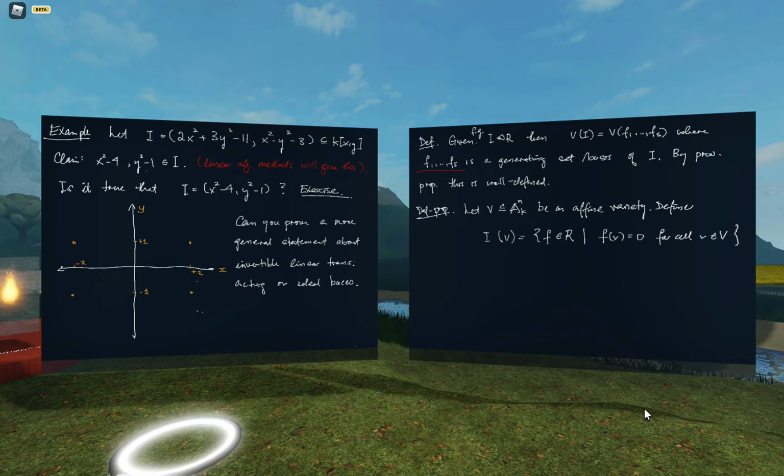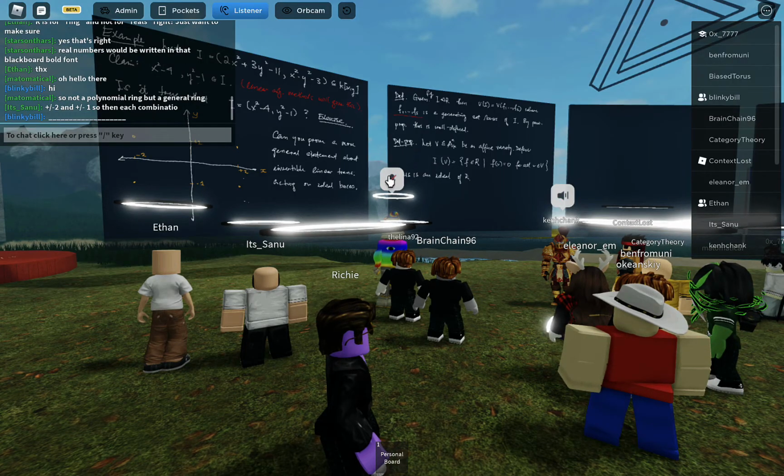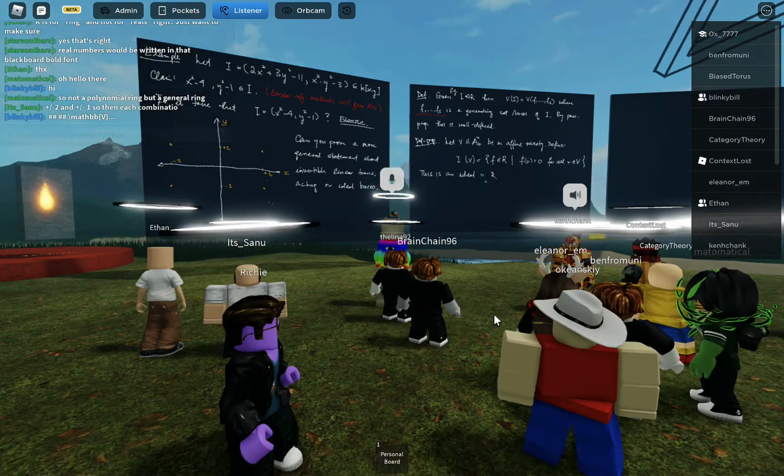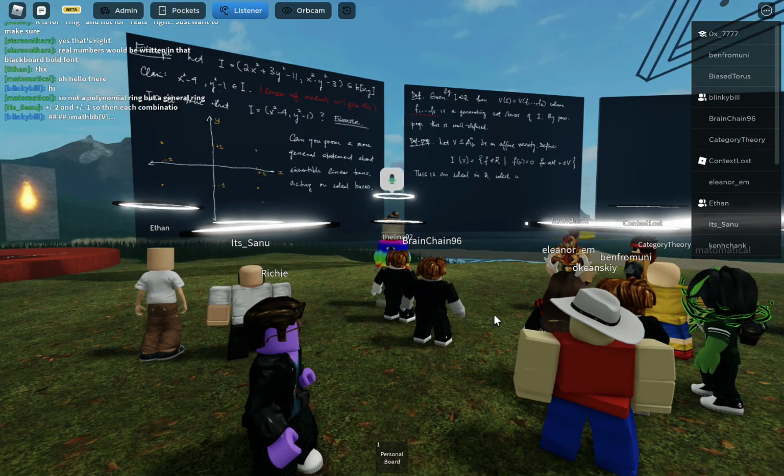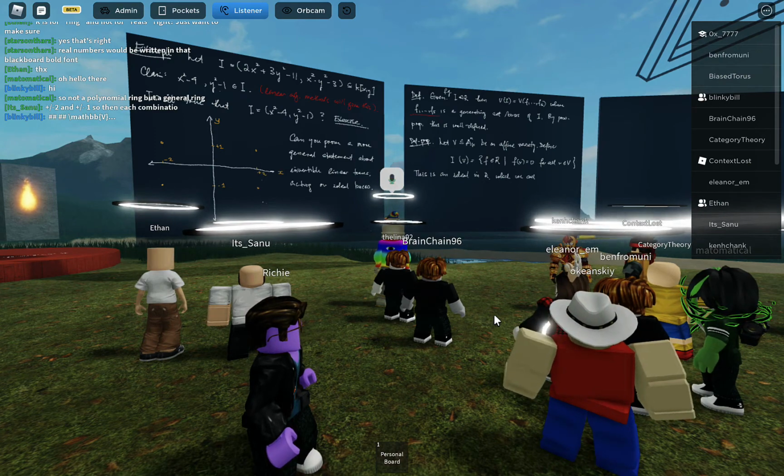Okay, so we have to prove something. The definition part is like this, and the proposition part is that this is an ideal in R. It's actually a little strange to have the hypothesis that V be an affine variety in there, I mean, it's true for any subset.